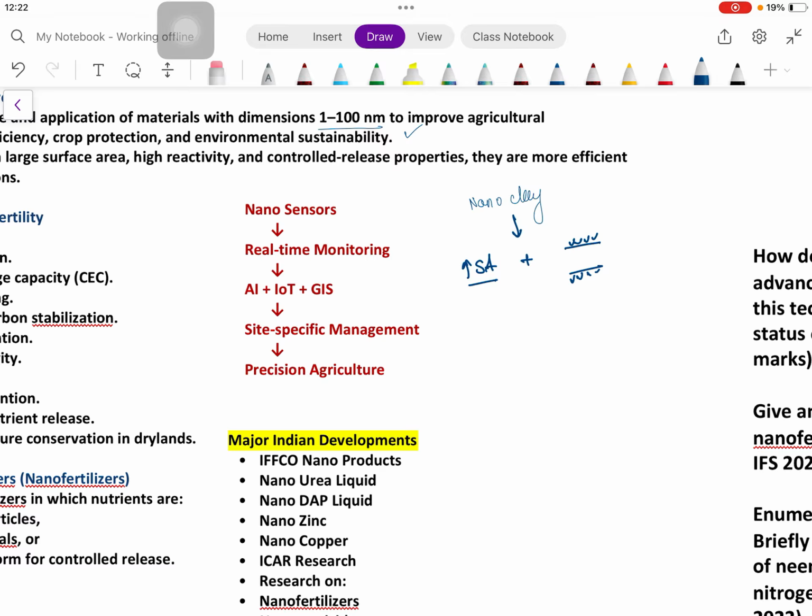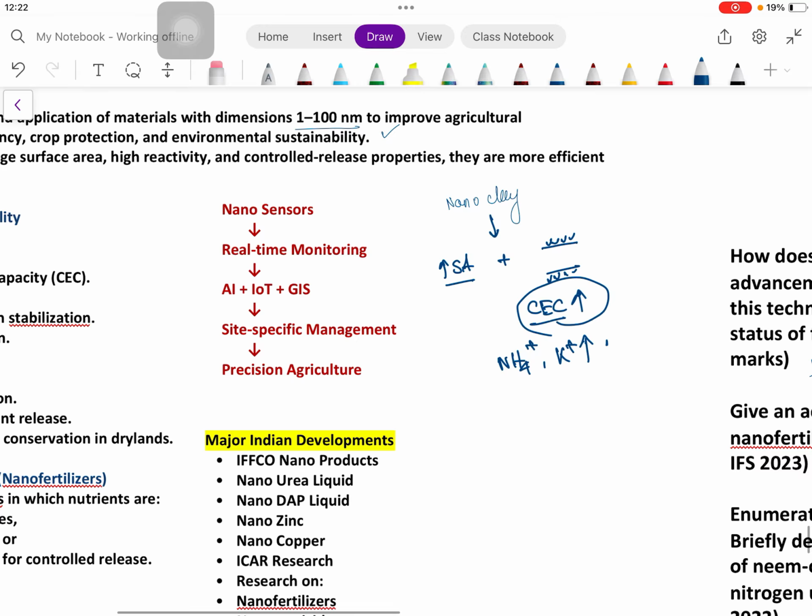So the CEC, cation exchange capacity, is also increased. When cation exchange capacity increases, the nutrients, suppose ammonium, potassium, calcium, magnesium, are adsorbed on the surface, so their concentration also increases.